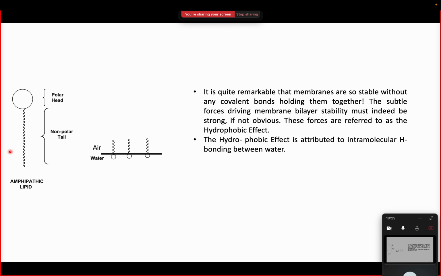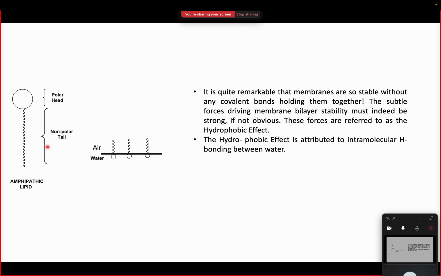If we go just by the number of atoms imparting these properties, the non-polar tail is longer. A lot of hydrocarbon is present in this chain. Hence this non-polar interaction will be greater than the interaction provided by the polar head group, correct?